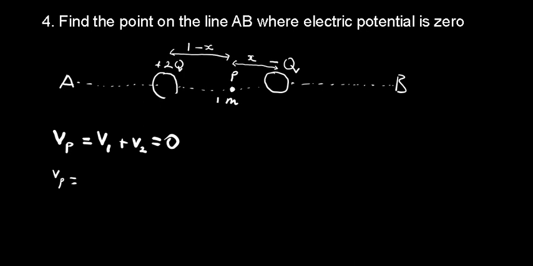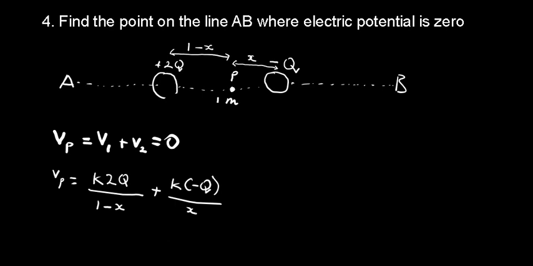Remember our formula, it is going to be K times 2Q over the distance, which is 1 minus X. Then plus the potential at point 2, which is K times negative Q over the distance to point P, which is X. And it will be equal to 0.